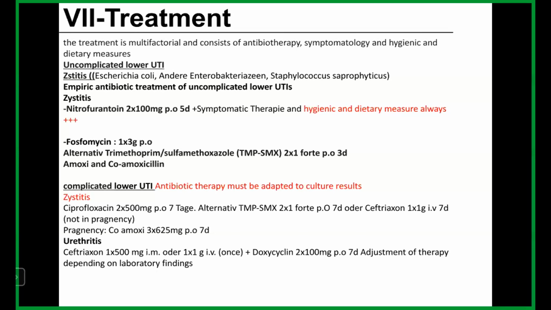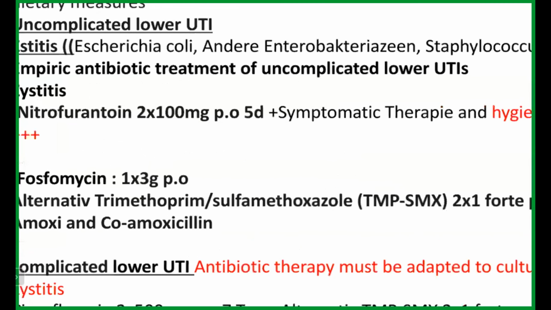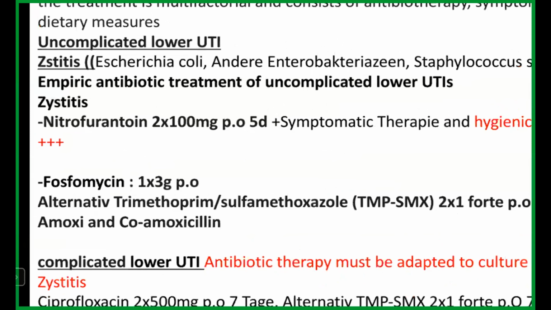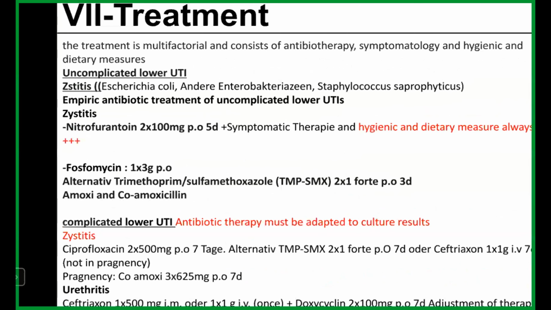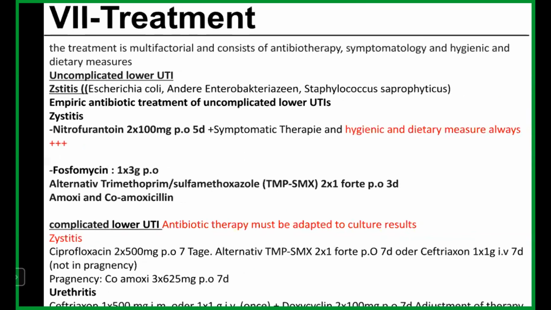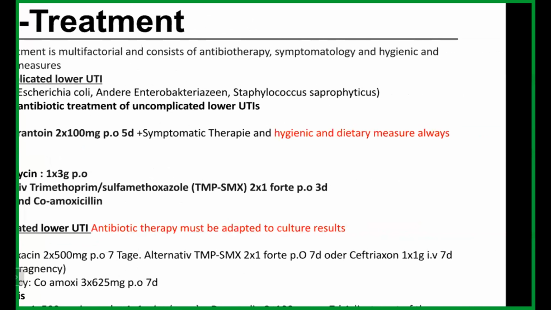Let me zoom out. We give 100 milligrams in the morning after a meal and 100 milligrams in the evening. At the same time, we counsel the patient to drink a lot of water to have the possibility to transport the maximal quantity of bacteria out of the bladder. Plus symptomatic therapy and hygienic and dietary measures always.